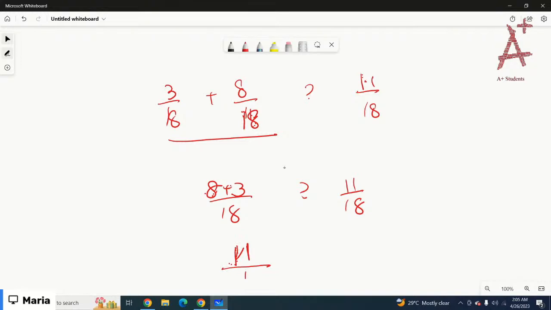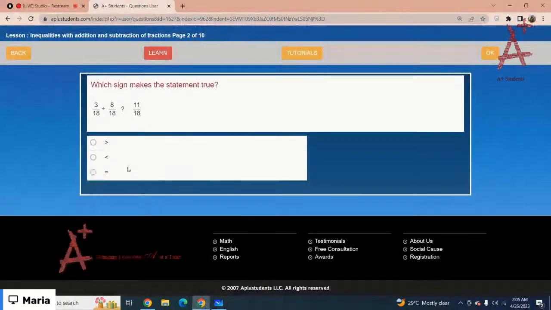So it would be 11 over 18 equals 11 over 18. Got it? Both the fractions are exactly equal. So the correct option is equal.